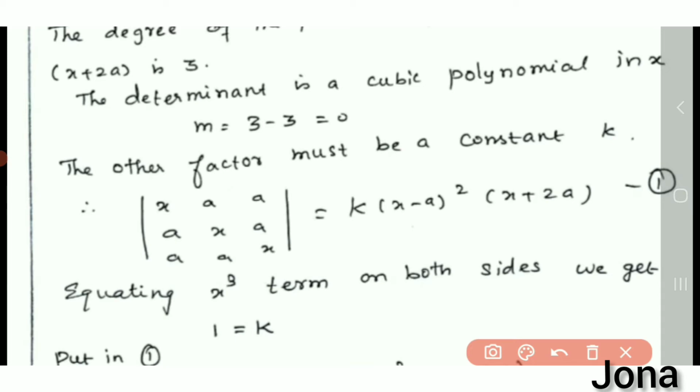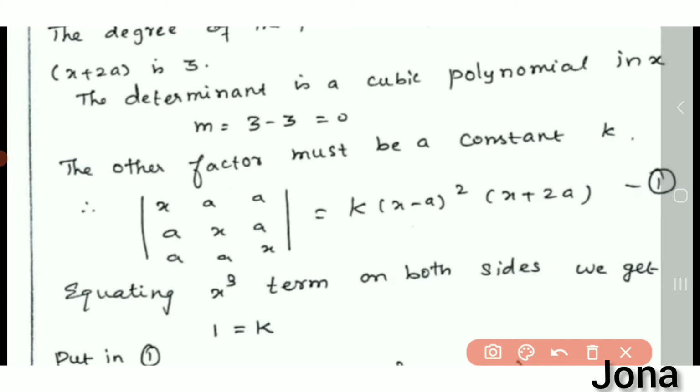Here m equals 0, so we have the constant k. So the determinant x a a, a x a, a a x is given equal to k into whatever factors we found already, (x minus a) the whole square into (x plus 2a). So here I want to equate on both sides the term of x cube.